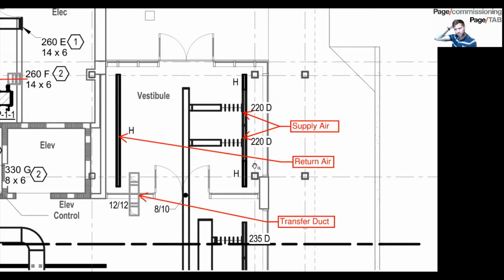Now, if we do some quick math on this transfer duct and estimate how much CFM is actually going through there, it'll be 440 CFM going through a 12 by 12. So you carry the one and you get about 440 feet per minute through this transfer grille. That's reasonable, right? Nothing that would cause any issues.